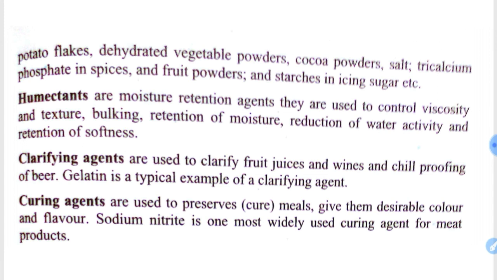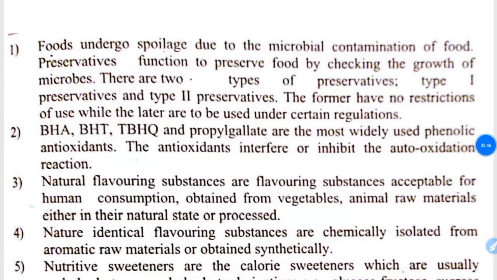Okay, now the answers to those questions. The first question was: what is the main purpose of adding preservatives to foods and what are their types? Food undergoes spoilage due to microbial contamination, and to preserve food by checking the growth of microbes, we add preservatives.